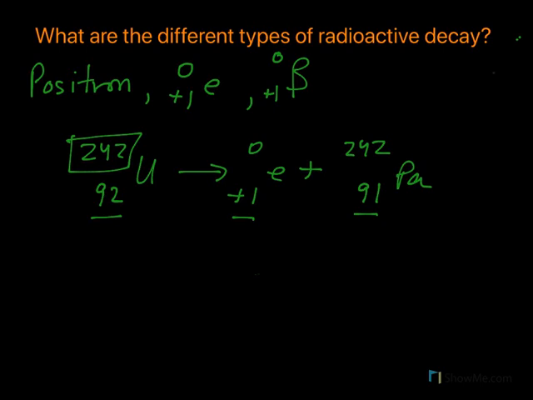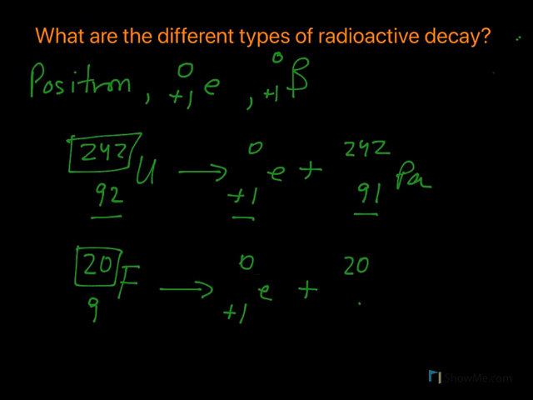So taking another example, let's say we have fluorine-20, and it goes through a positron decay. So our other product would have to be 20. 20 plus 0 is equal to 20.